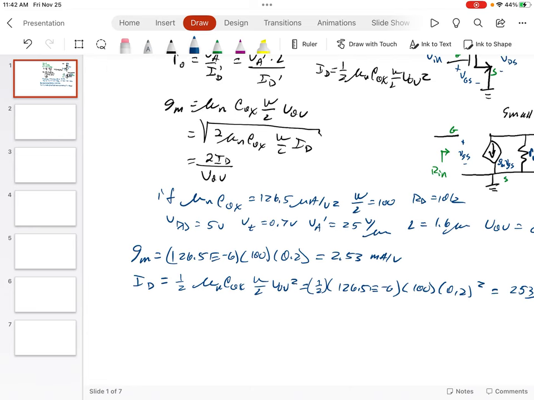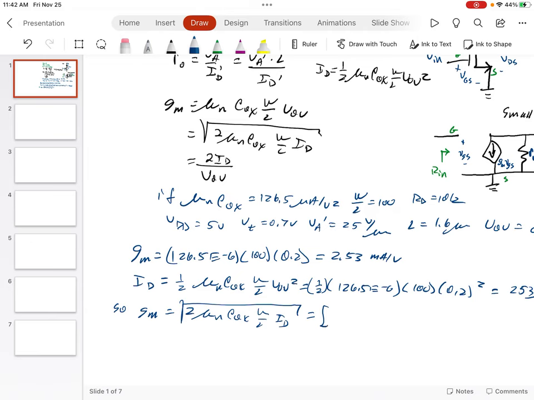And if we put that into this version of the equation, or this one, or the other one, either one, we'll put it into that one. So we could say GM is equal to the square root of 2 mu n C ox W over L times ID.